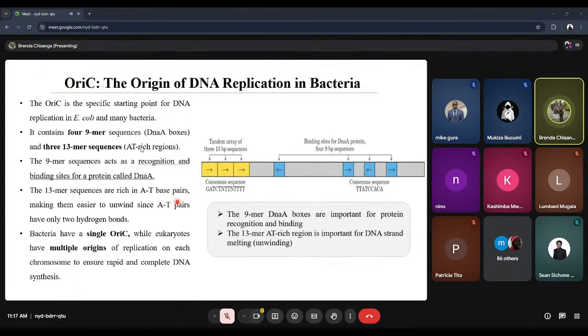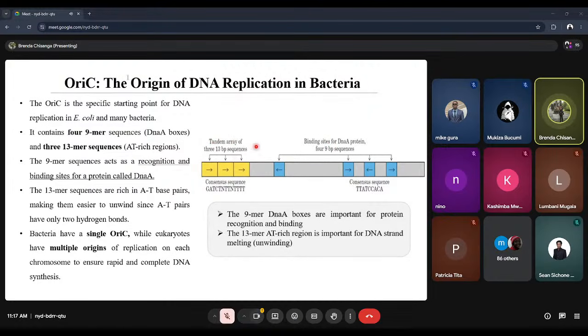During DNA replication, or should I say, I don't want to go too far. So the 9-mer in your notes is indicated as the DNA box. The 9-mer sequences, the blue boxes, are referred to as DNA boxes.